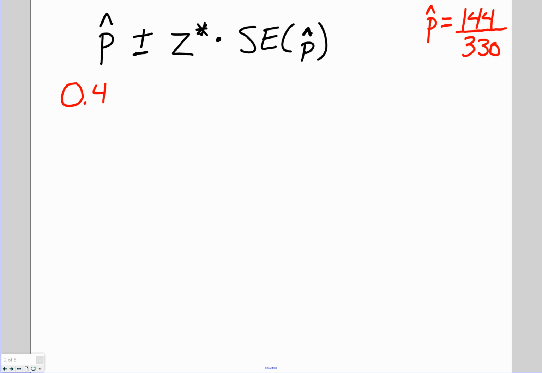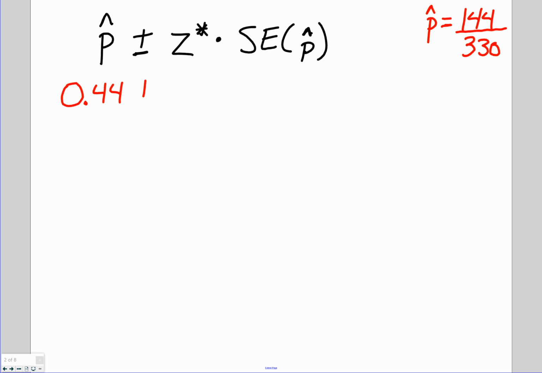Do you want to use 0.44? That's fine. It doesn't matter. Let's use 0.44. Susanna said 0.44, we're going to use it. So where did I get this P hat from? I divided out of a total number of people that they called, how many were successes: 144. Questions so far?